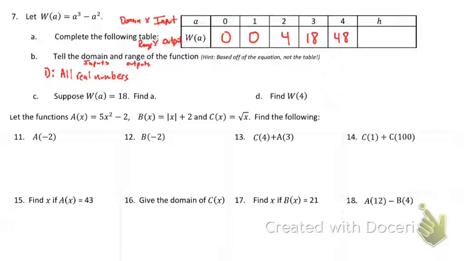So our domain will 95% of the time be all real numbers. There's going to be unique situations where, when we come upon those, I will show you why they are not all real numbers.